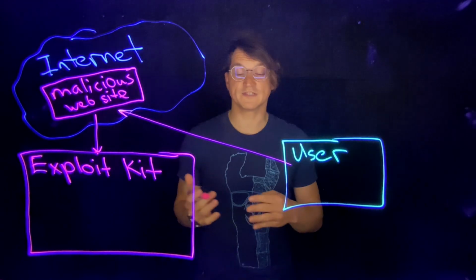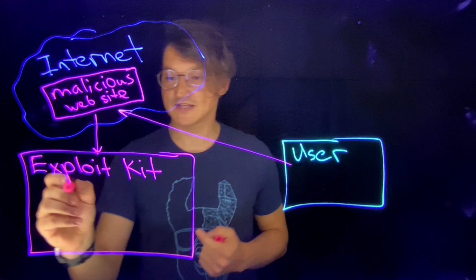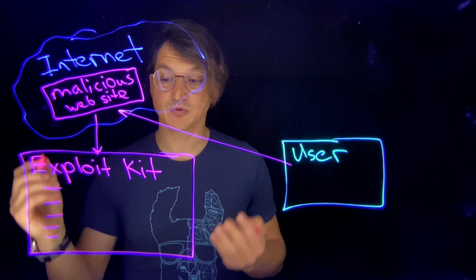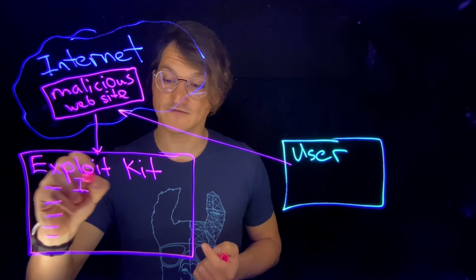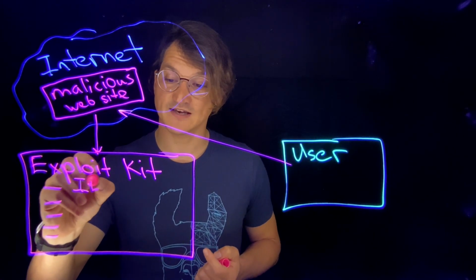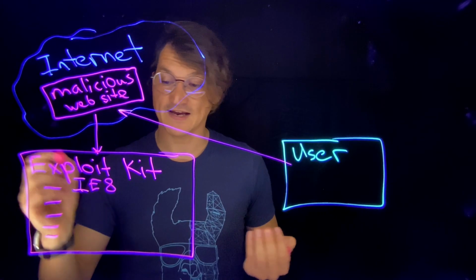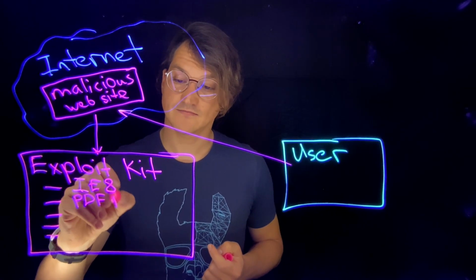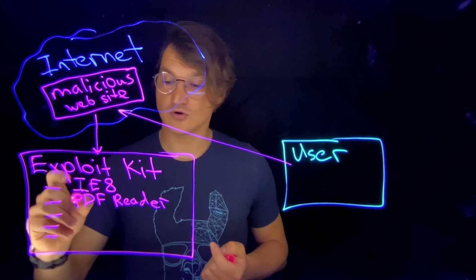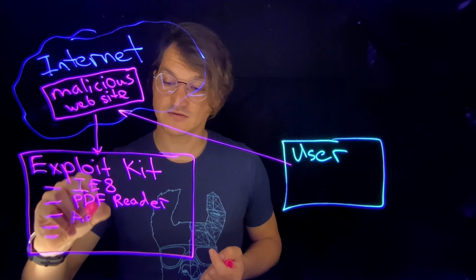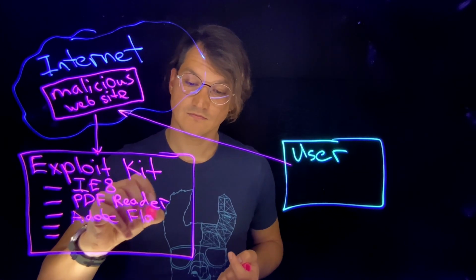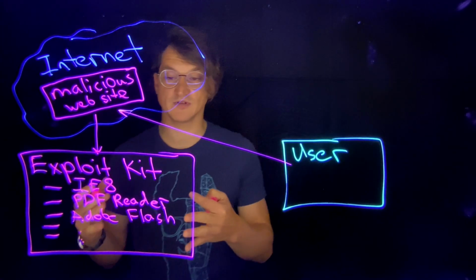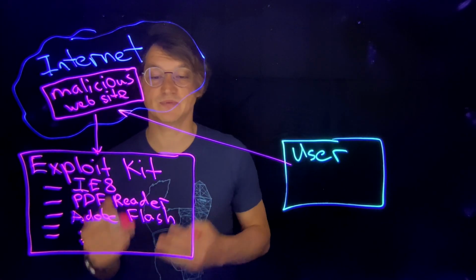to a different resource with an exploit kit. An exploit kit is a selection of multiple different exploits, and that's why it's called an exploit kit. For example, it might have an exploit against Internet Explorer, or PDF reader, or Adobe Flash, and so on. So the exploit kit would have multiple exploits available and prepared.